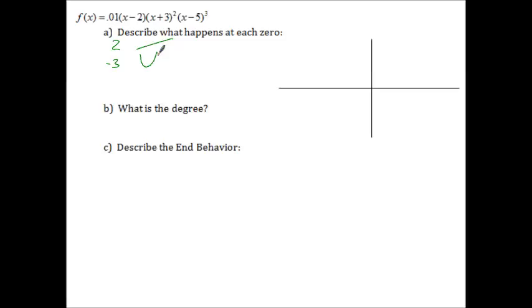And then the last one at +5, we expect the curve to wiggle through the x-axis. Adding up all our exponents, 1 plus 2 plus 3, we get 6, and therefore the degree of this function has to be 6.